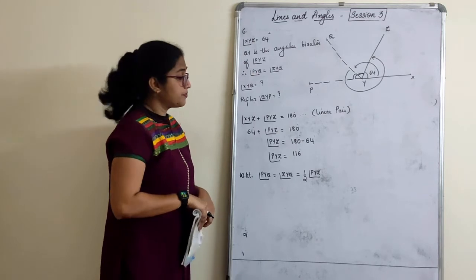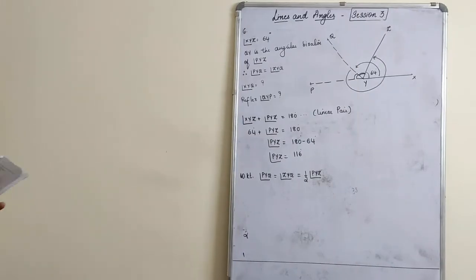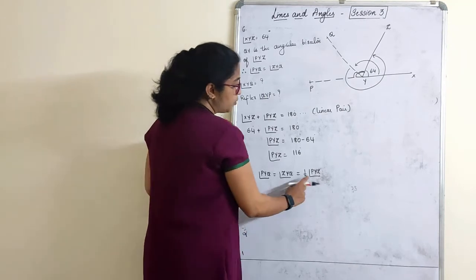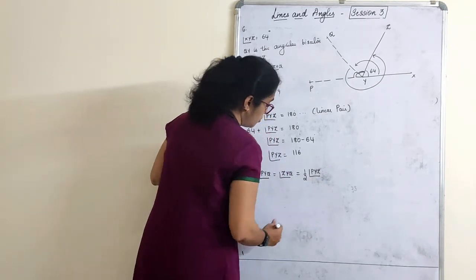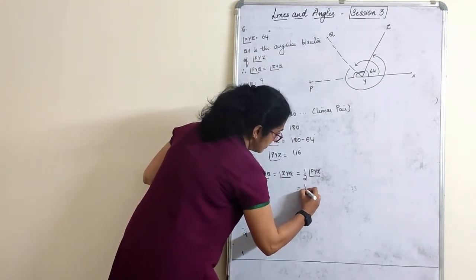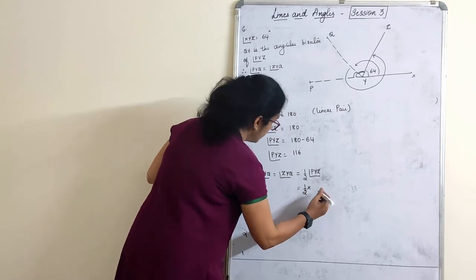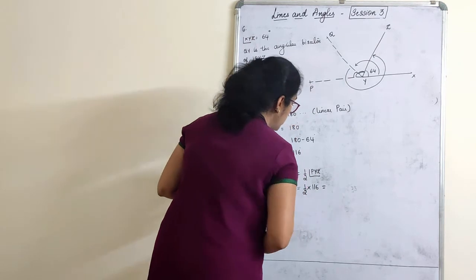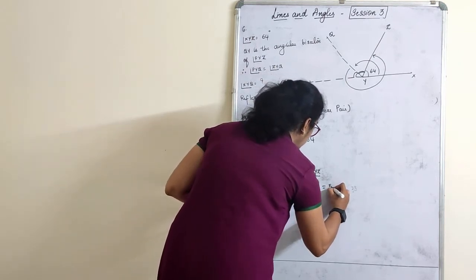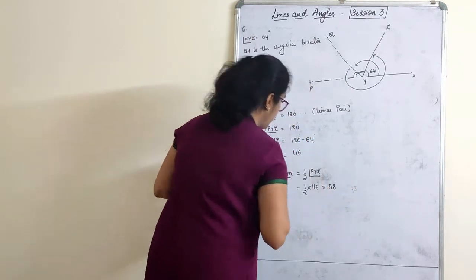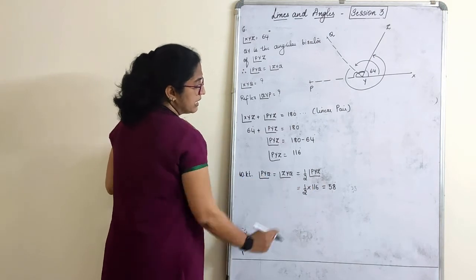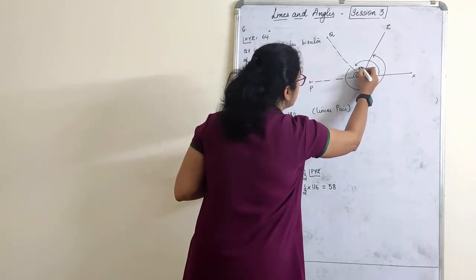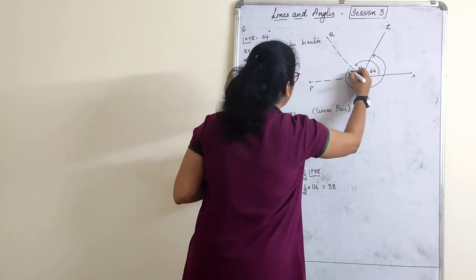So half of 116 is 58. So these two angles are equal to 58. This angle is 58 and this angle is 58.